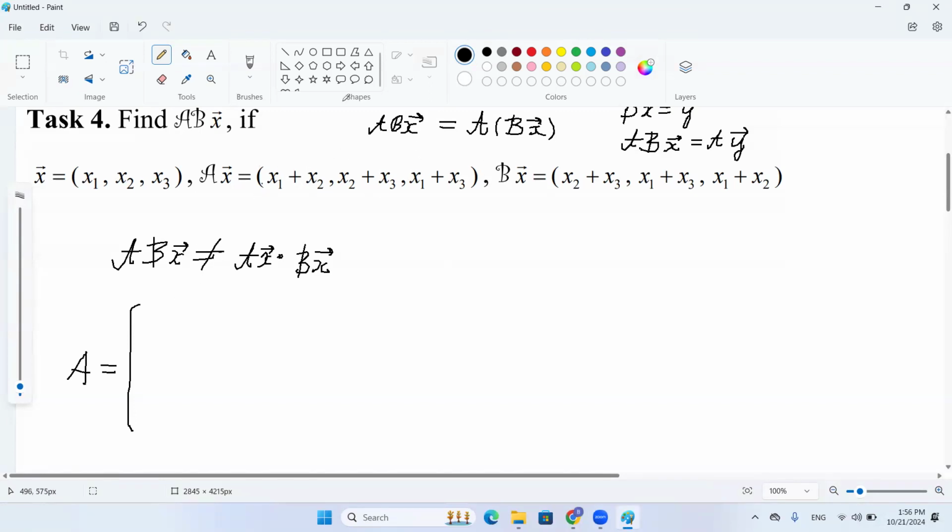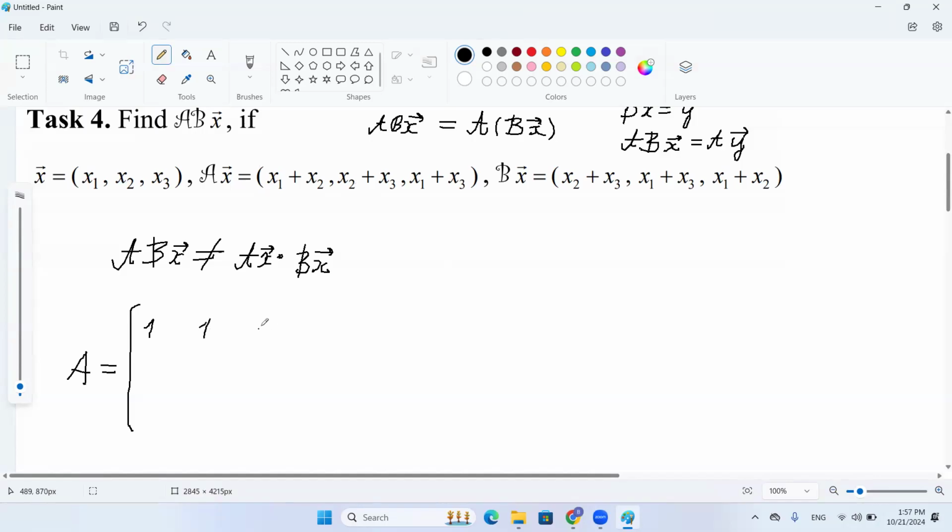These elements will be rows. Yeah, Daniil, questions? I think that the first row will be x1 plus x2, second row x2 plus x3, and third x1 plus x3 of matrix A. Yeah, that's correct. But of course, we won't write x, we will write coefficients.